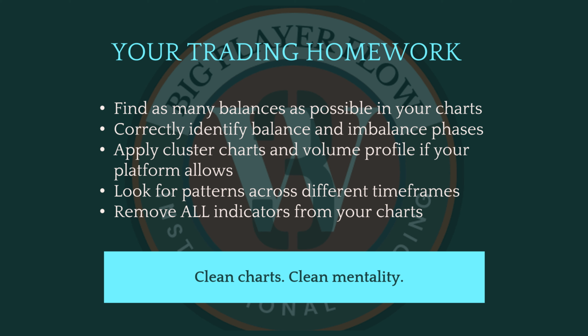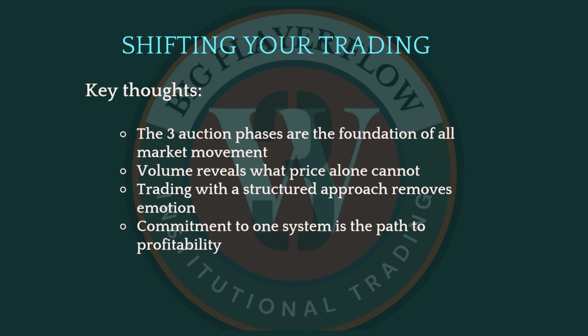By the way, make sure to remove all the indicators from your charts. From now on, we will use the auction principles. Following these principles, you don't need indicators any longer. Clean charts, clean mentality.